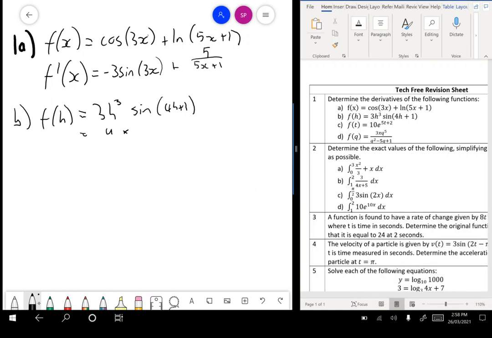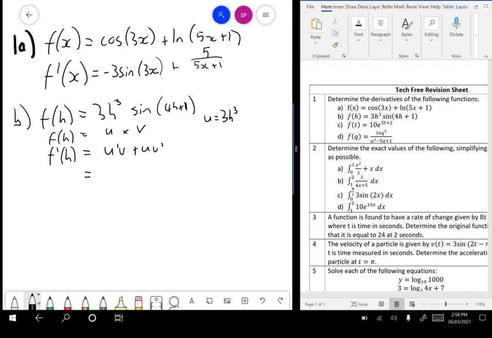Sorry, I was just trying to read my own writing. So we'll call that one v. So f dash of h is going to be u dash v plus uv dash. Just off to the side, I'm going to figure out what u and u dash are. So u is going to be equal to 3h cubed.